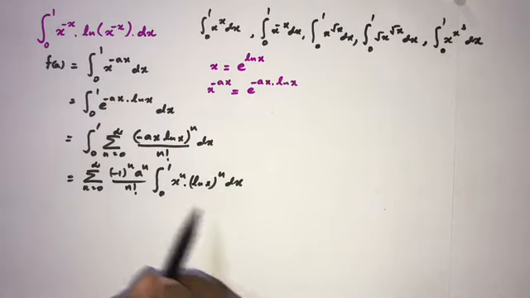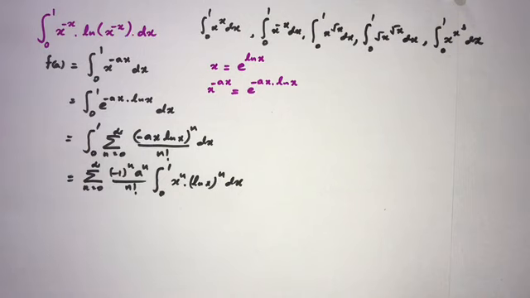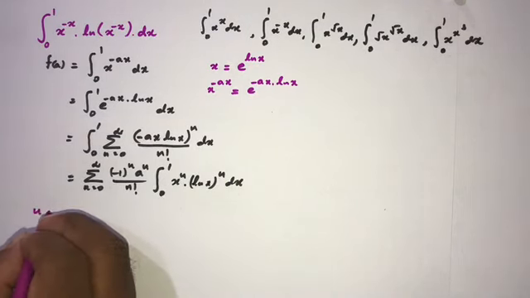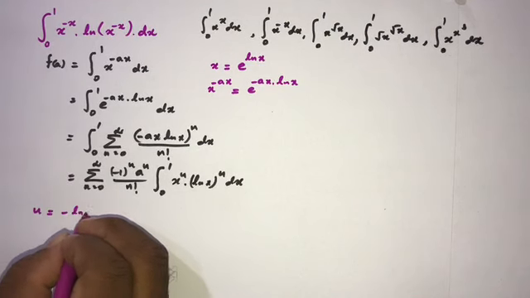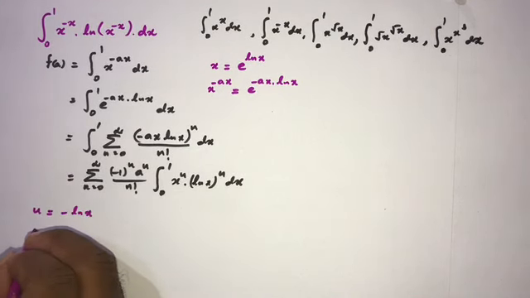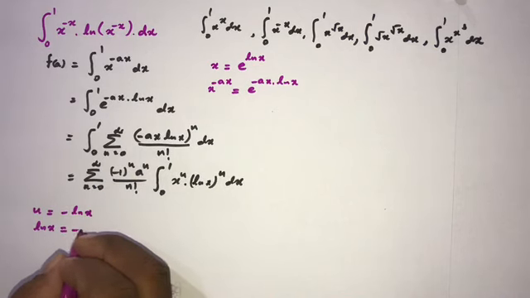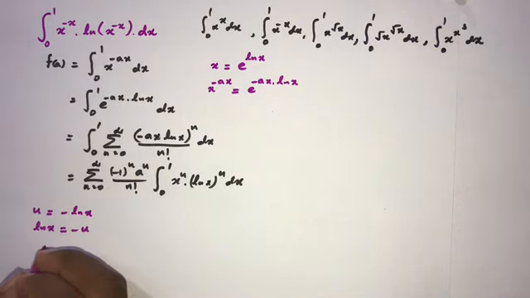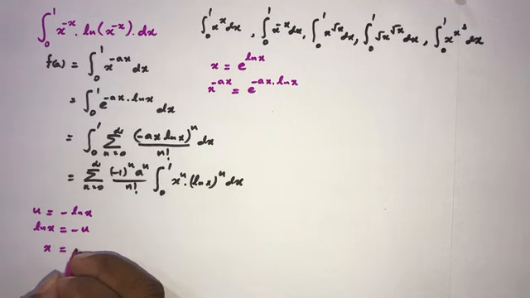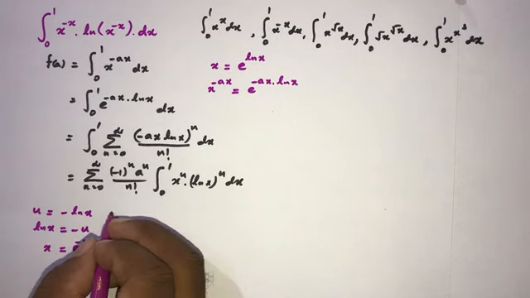To evaluate this integral we can use a substitution. If we take u equal to minus natural log of x, then we can isolate the natural log of x. So natural log of x is equal to minus u, then x is equal to e to the minus u.